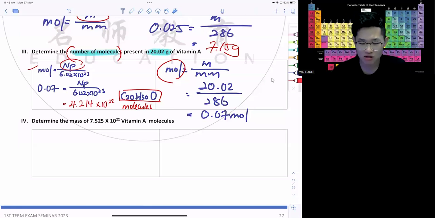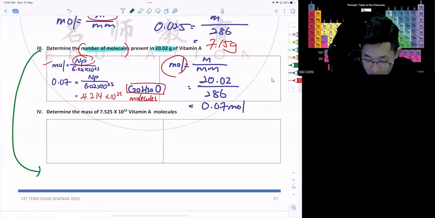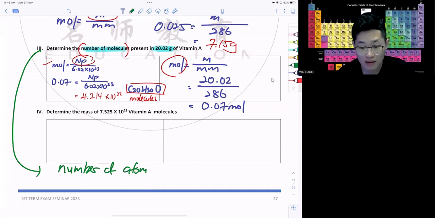You might say there's no difference, you're doing like this. See, if the question is asking for atom, let's say, we put an arrow here. Determine the number of atoms. This is how I do.